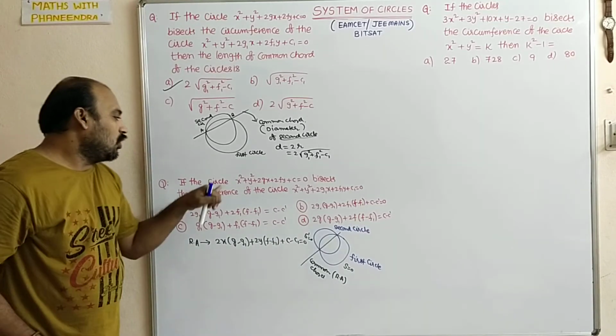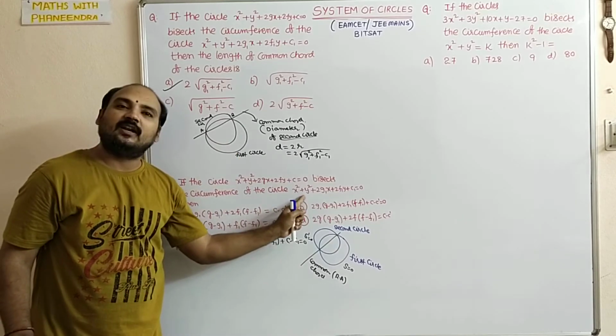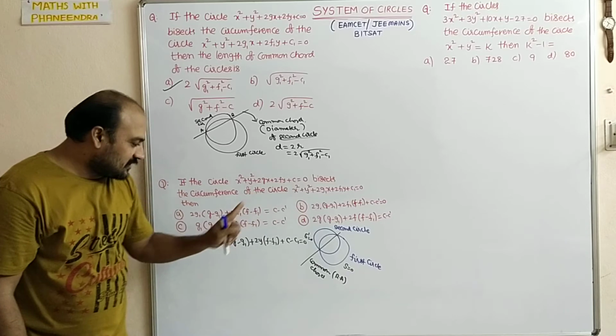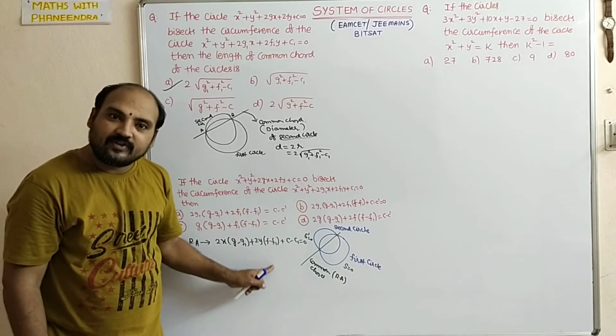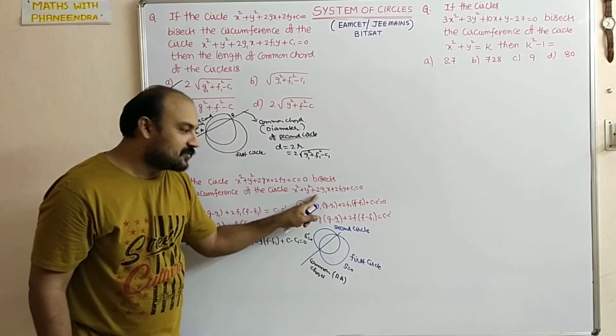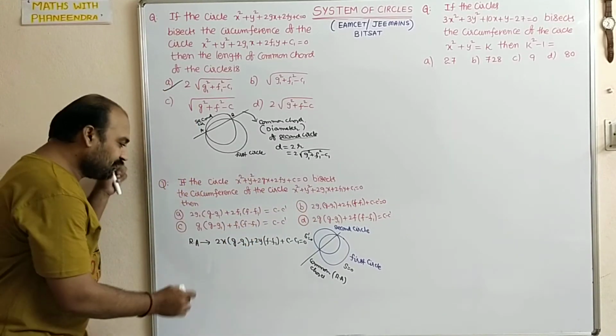Whenever one circle bisects the circumference of another circle, meaning the later circle, this radical axis is a diameter of the later circle. That means the center of the second circle, or later circle, lies on that.